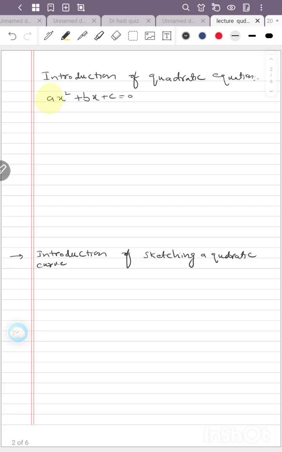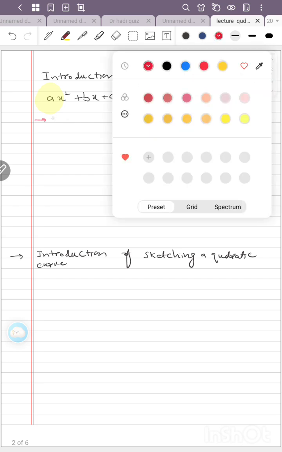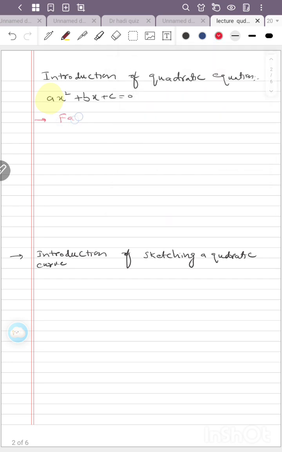Polynomial having degree 2, we say that it's a quadratic equation. We have studied the types of quadratic equations and their solving methods in our syllabus. I'm just writing about the methods. The first method is factorization.